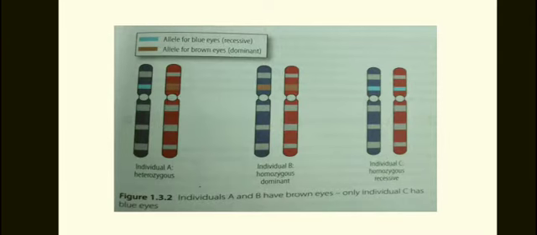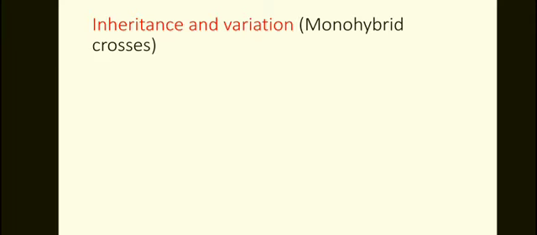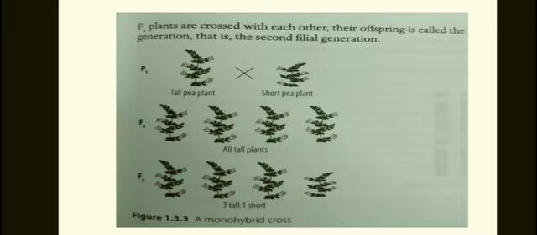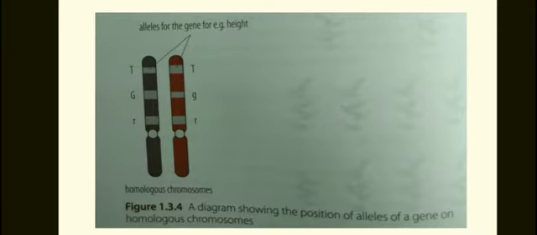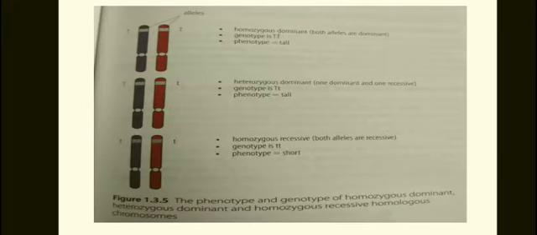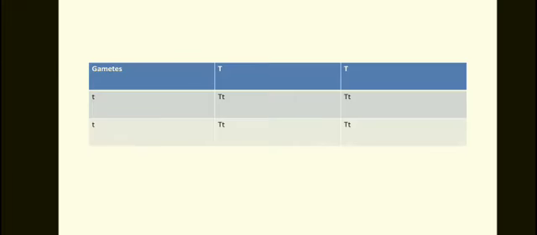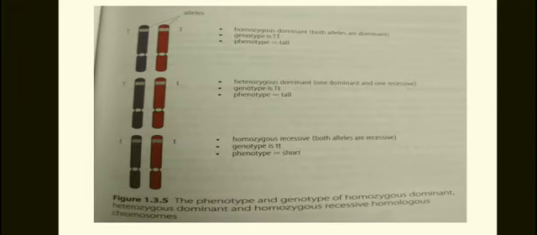Okay, that's it. Now, inheritance and variation. We are going to speak about monohybrid crosses. Okay, let us say, for example, that we have got a parent that is homozygous dominant for a characteristic.